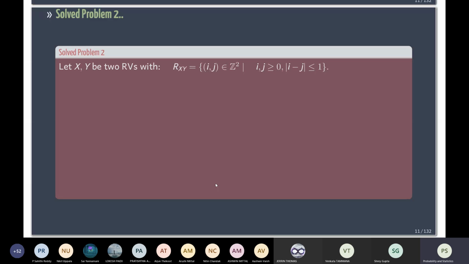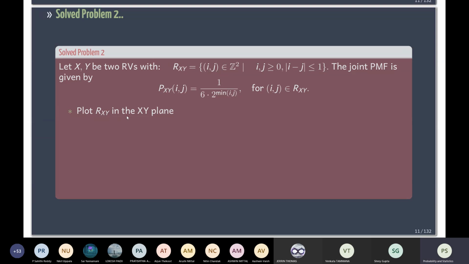Yeah, we can try a problem. Let us say this: X and Y are two random variables, and the range is given to be the lattice points in Z squared, subject to |i - j| less than or equal to 1. Right? The joint PMF in this case is given by this. And the questions are: plot R_XY in the XY plane.